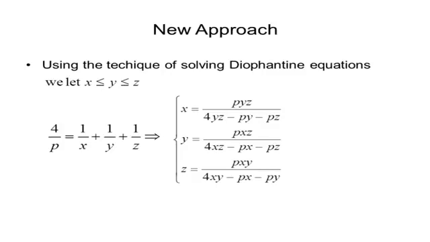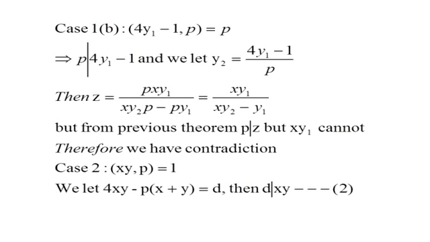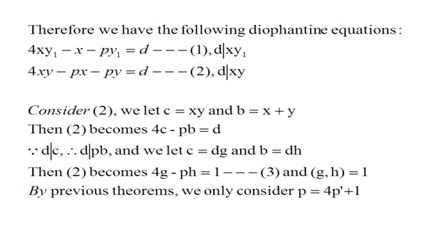After that, we are going to introduce a new approach using the technique of solving Diophantine equations. But the procedure is a little bit long, so I will point out the main point of this technique. If you are interested, you can ask me later. The main point is we reduce this conjecture into 2 Diophantine equations as follows.